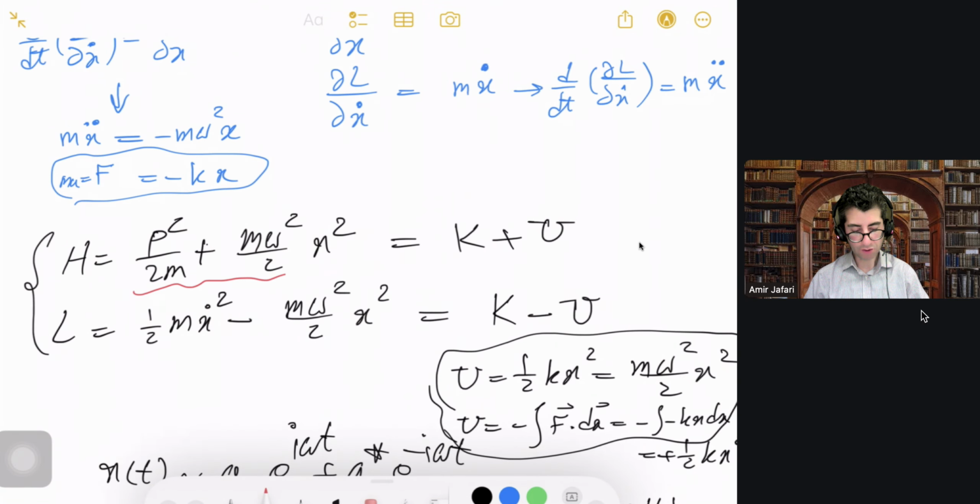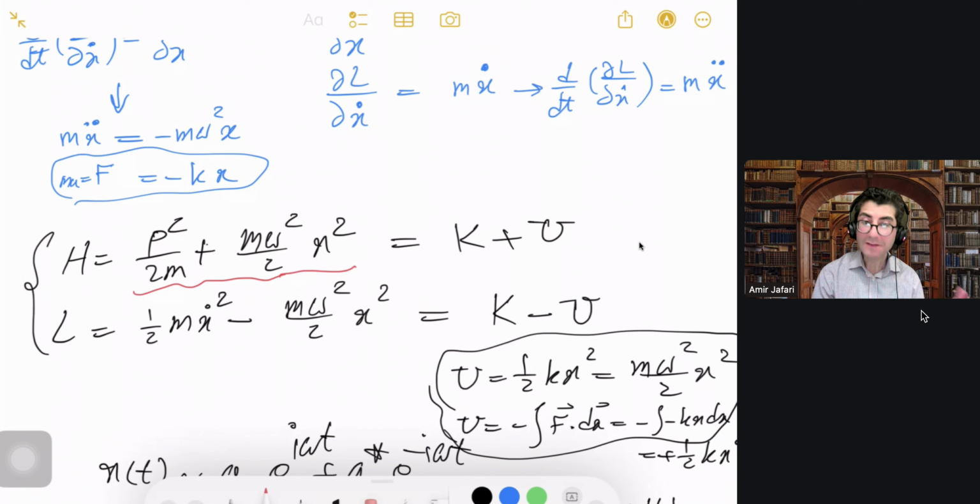This is the energy of the system, the Hamiltonian. If x is zero at the equilibrium point, the mass is just resting there, and velocity is zero, so momentum is zero. So the Hamiltonian, the energy of the classical simple harmonic oscillator, would vanish for a mass which is at rest, no motion, no oscillation, nothing.